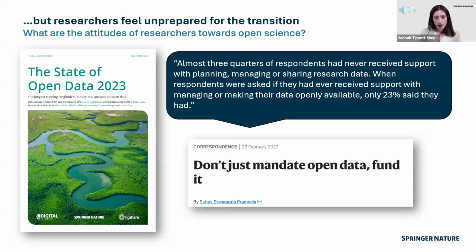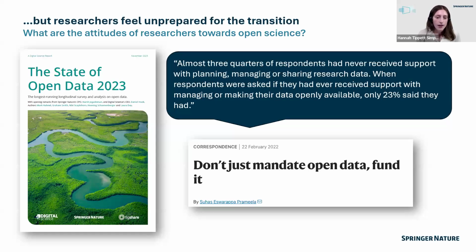Springer Nature, in partnership with Digital Science, runs a longitudinal study of authors called The State of Open Data. And what we've consistently seen is that despite the increasing mandates from funders and institutions, many researchers aren't being given the tools, the time, or the support to meet those new expectations. Consequently, we're seeing a lot of growing frustration.